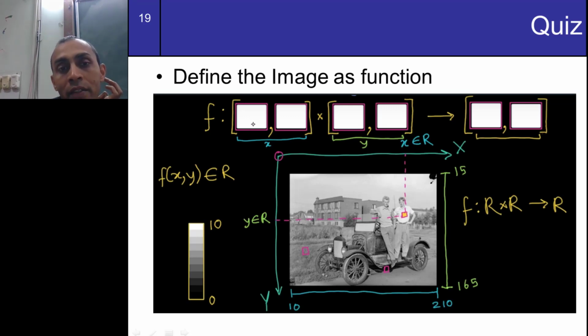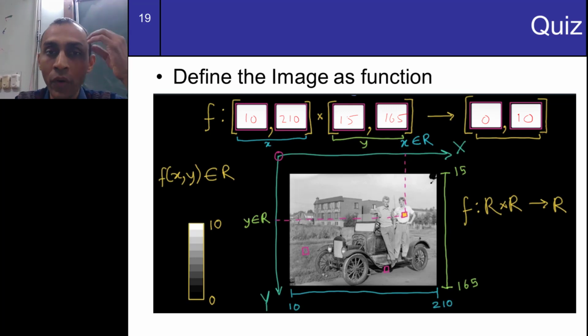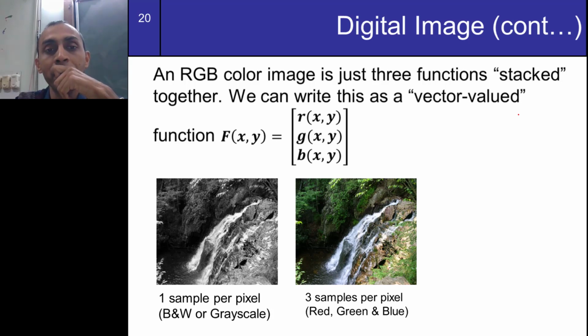So what will be the range of x here? x is going from 10 to 210, y is going from 15 to 165, and the range is going from 0 to 10. If we want a function notation, we can represent this image with this kind of notation.